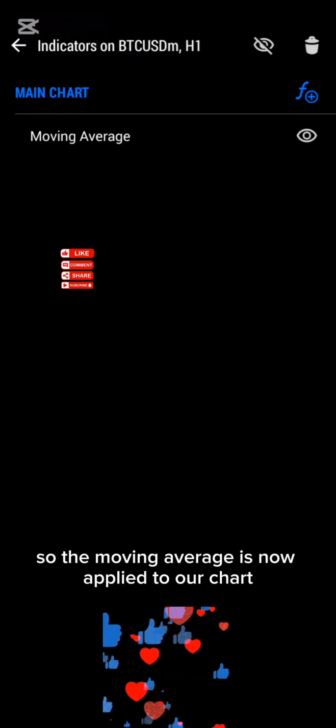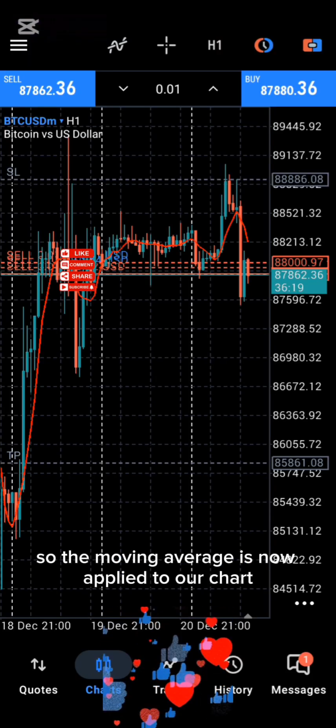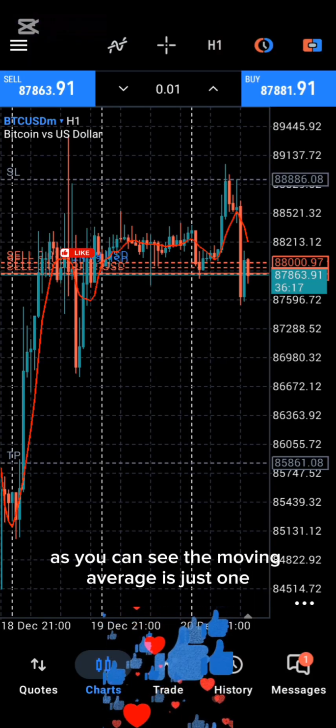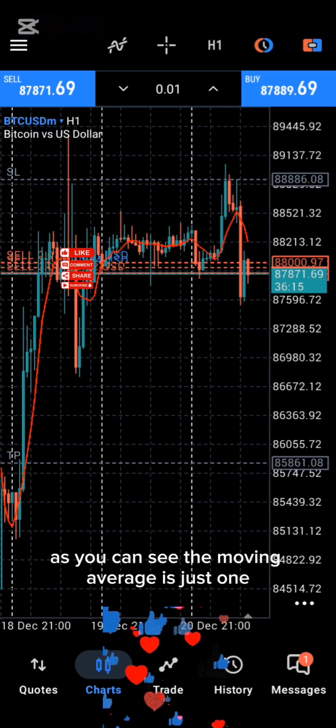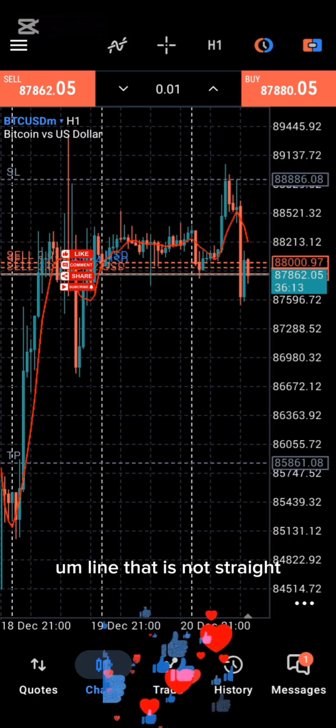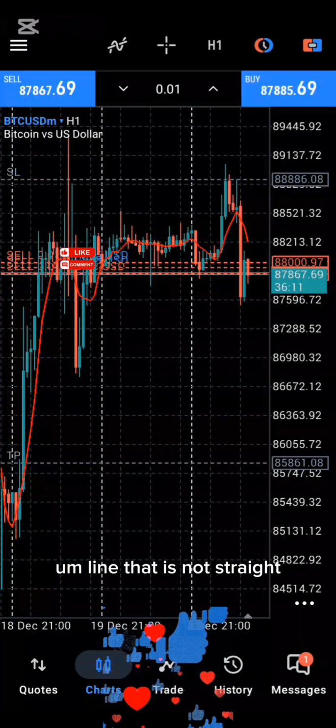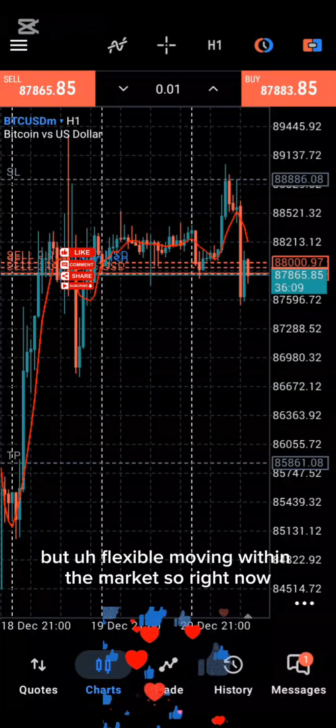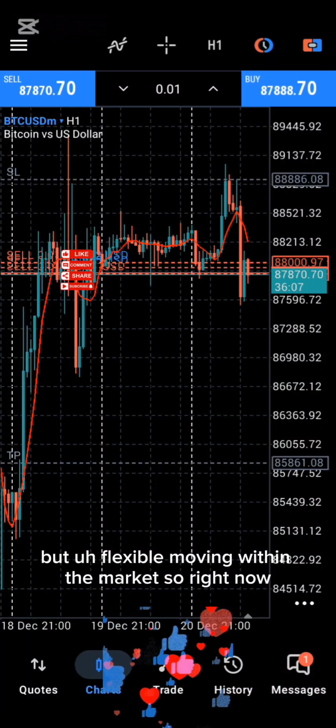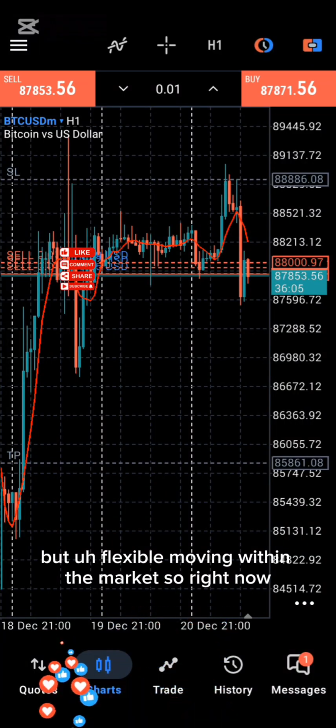So the moving average is now applied to our chart, which is red. And as you can see, the moving average is just one line that is not straight but flexible, moving within the market.